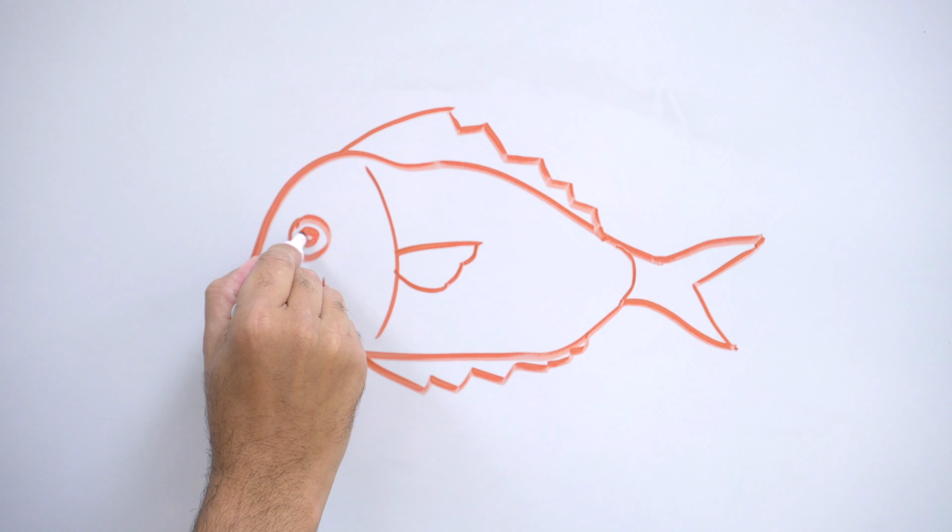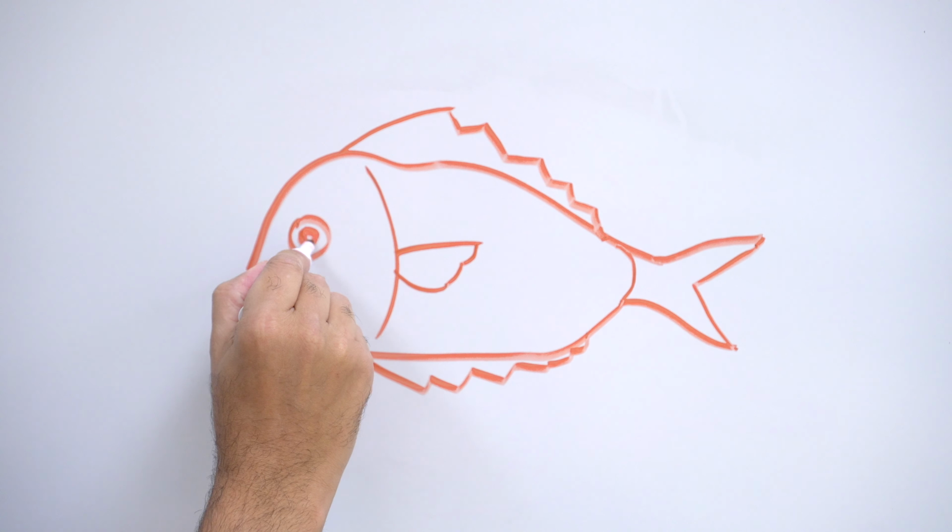I like it. Little circle inside and shade. Alright, how about we give it kind of like a Batman Robin mask in his eyes. And just some curvies for a pattern.